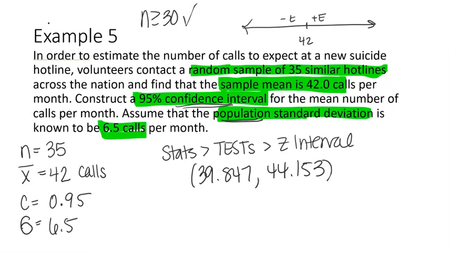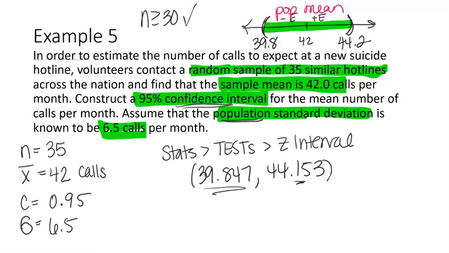They calculated and added or subtracted an error, giving me 39.8 if I round on the left side and 44.2 on the right side of that interval. So somewhere in between these two values, my actual population mean should live.